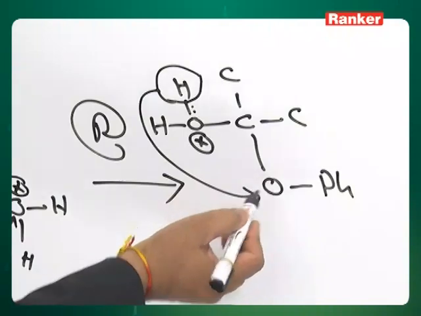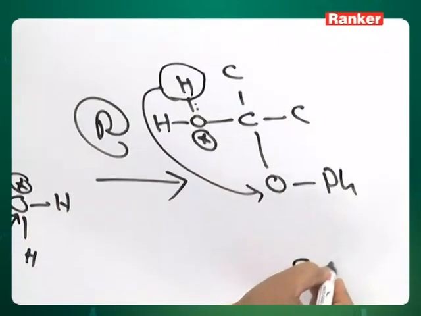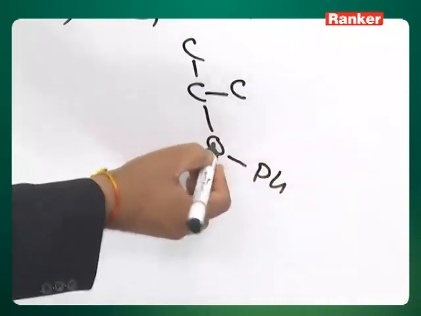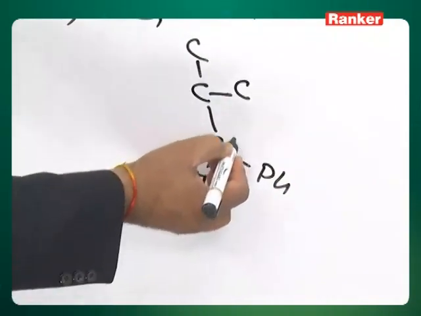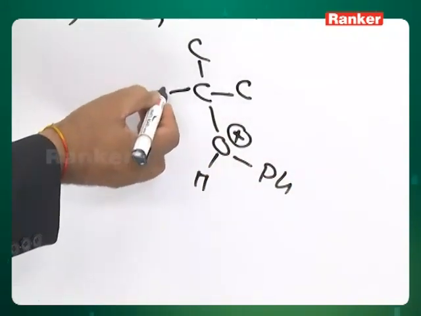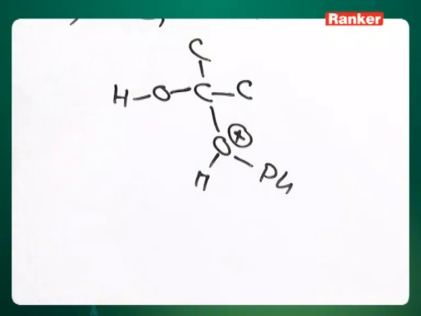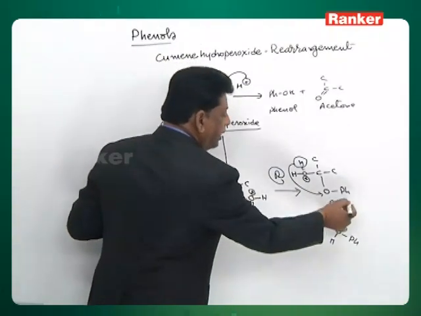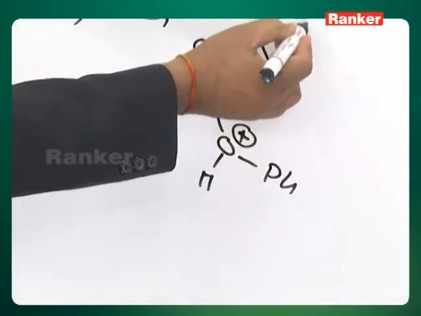If the proton comes here, the oxonium ion is now closer to the phenyl, which I think stabilizes it, because the electron density in the phenyl ring stabilizes. So now this is more stable than this. Therefore from here to here, just a shift of H plus.